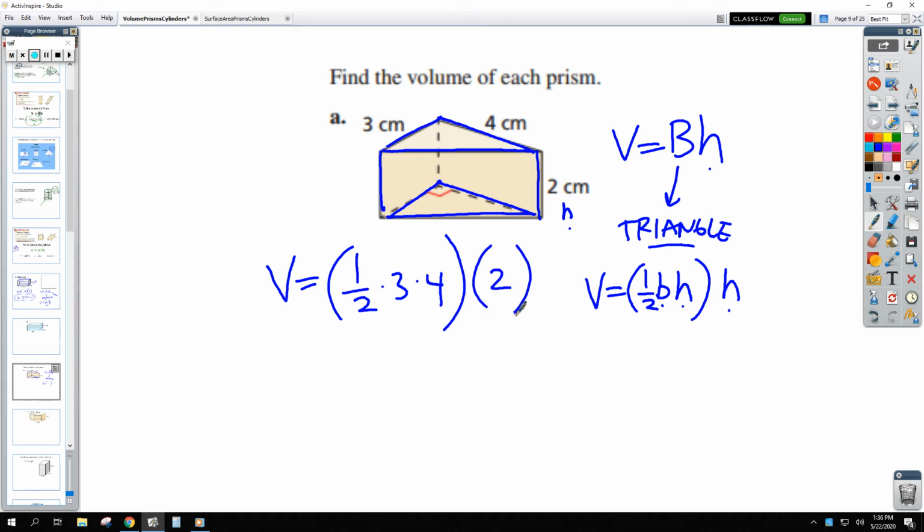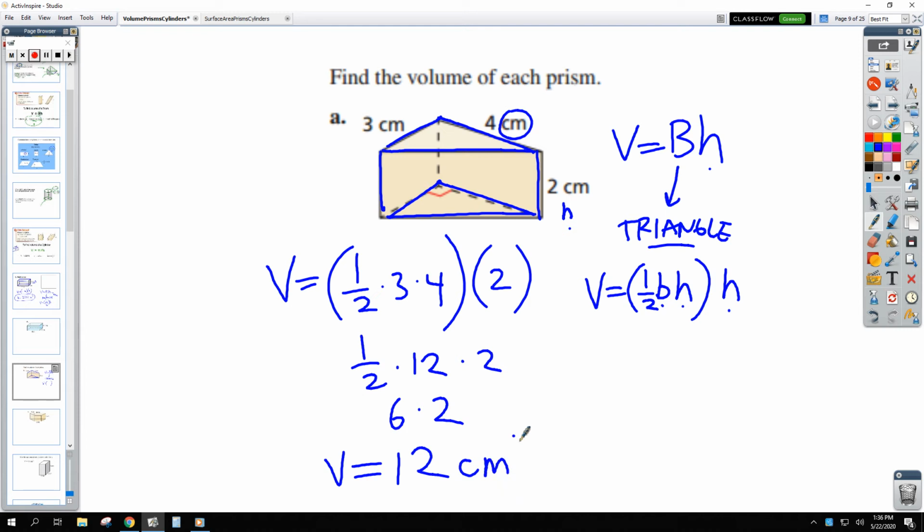And there you go. Everything's in. All you got to do is multiply this out. Now I like to go 1/2 times 12 times 2. What's half of 12? Times 2. Volume here? 12. 12 what though? Again, labeled properly. Cubic centimeters. That triangular prism holds 12 cubic centimeters of volume.